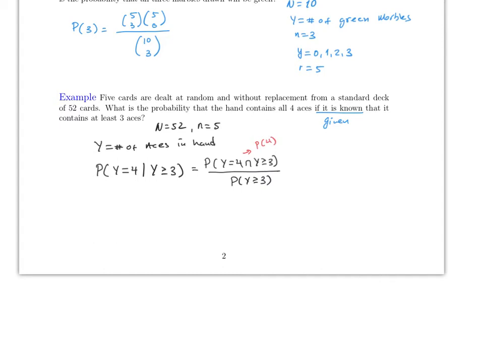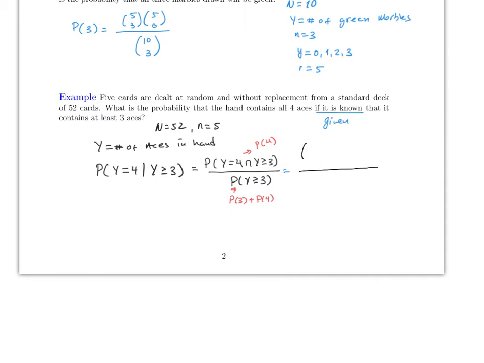And greater than or equal to 3 means p of 3 plus p of 4, because the maximum number of aces you can have is 4.